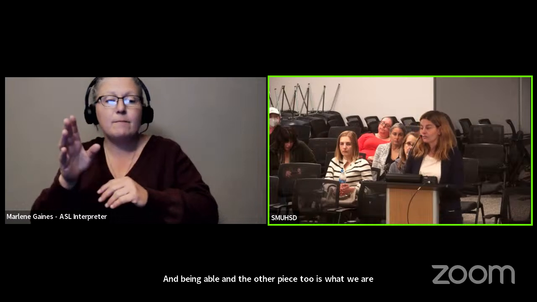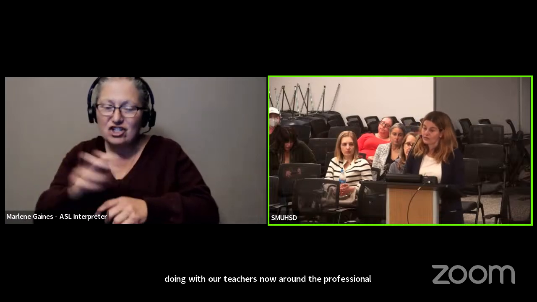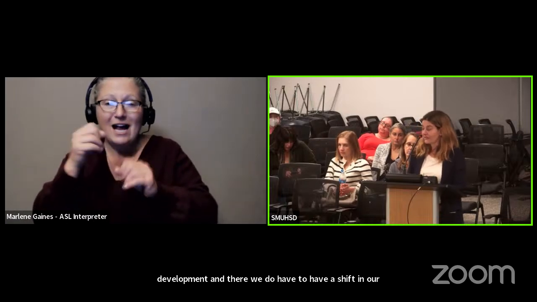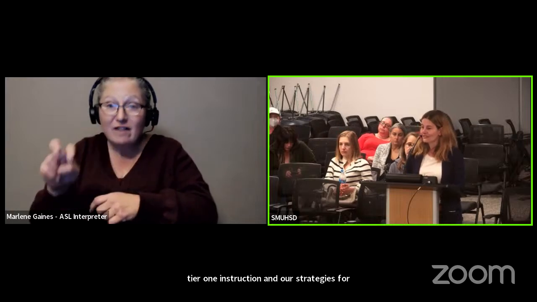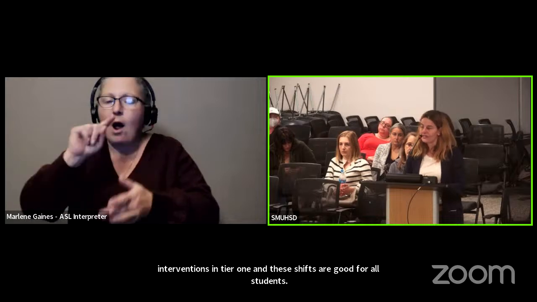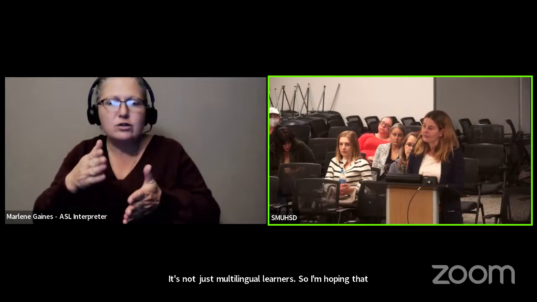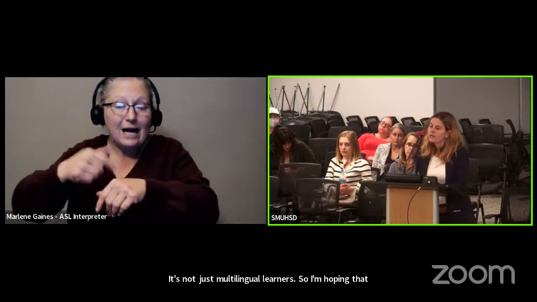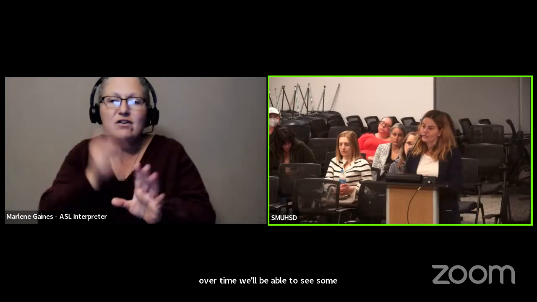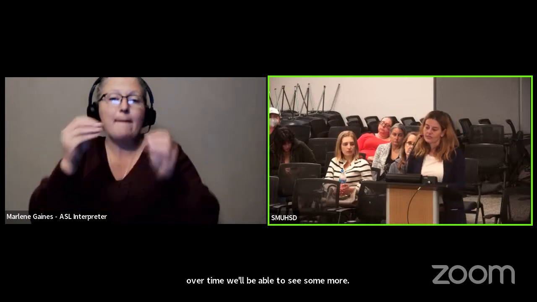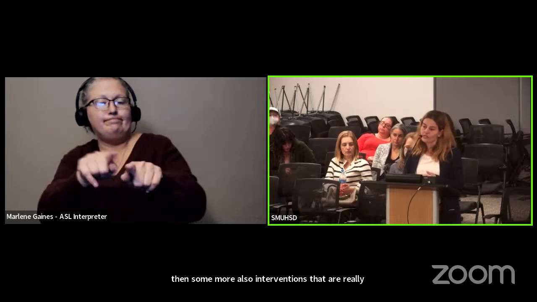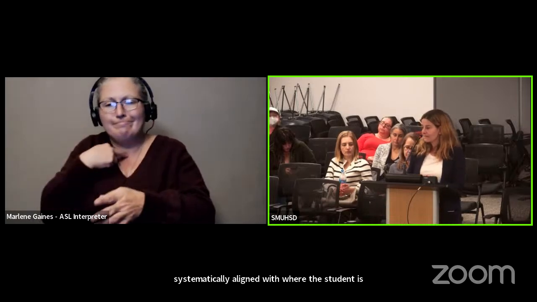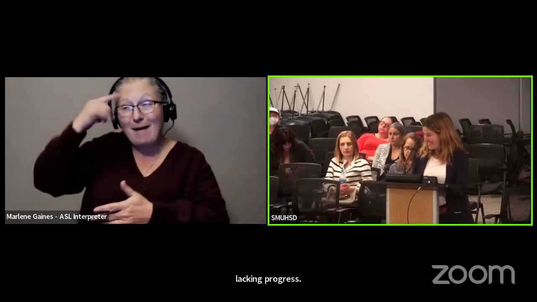We do have to have a shift in our tier 1 instruction and our strategies for interventions in tier 1. And these shifts are good for all students. It's not just multilingual learners. So I'm hoping that over time, we'll be able to see more interventions in the tier 1 instruction, and more interventions that are systematically aligned with where the student is lacking progress.